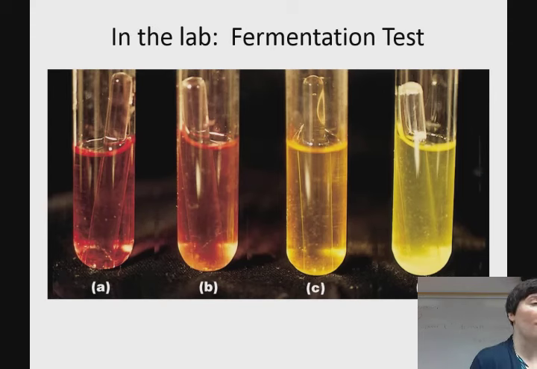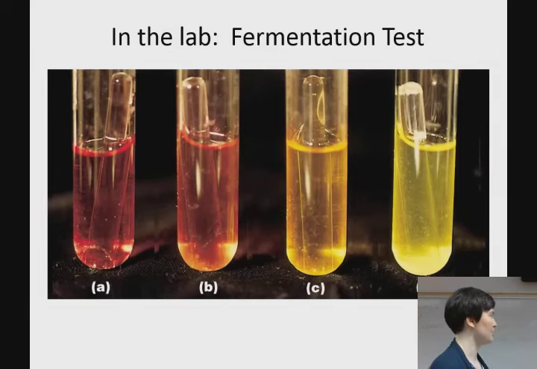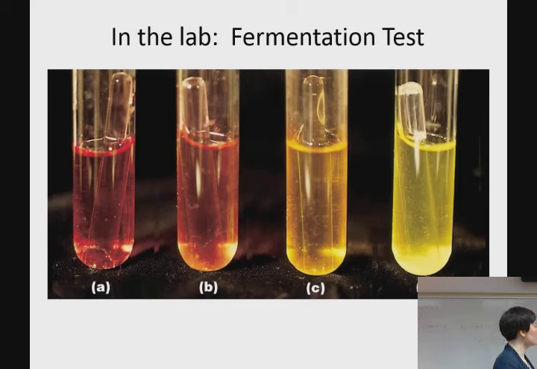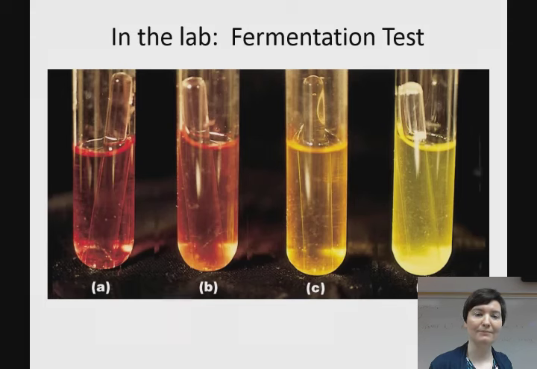So the broth starts off red, so what do you think the pH is most likely when we're starting? It's neutral, right? Because most organisms, the ones that we're dealing with at least, have a preference like we do for a neutral pH. So this is a pH indicator that at neutral pH is red.